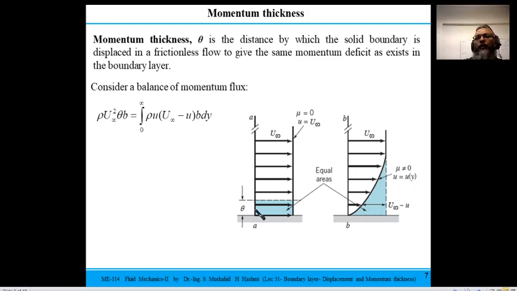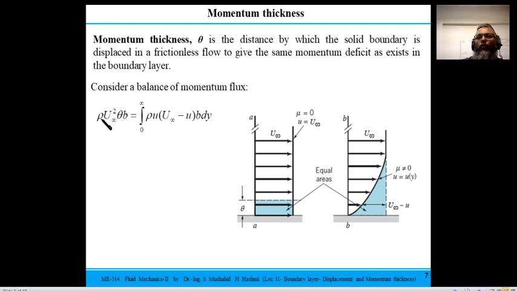So ideally, if we consider what vertical distance would take place if it were inviscid flow, once you balance the same area as the viscous flow, then this resulting vertical distance is called momentum thickness, and we use the letter theta to represent it.